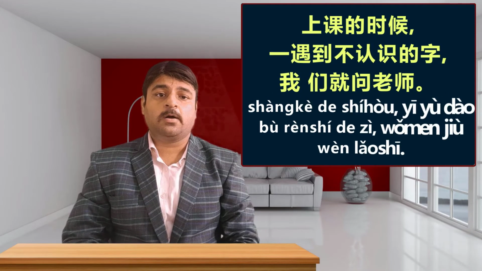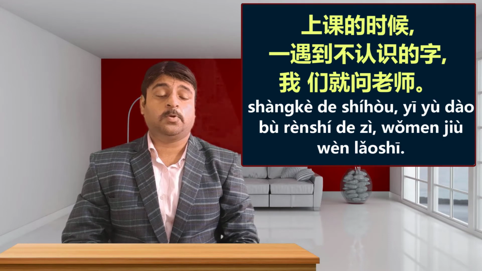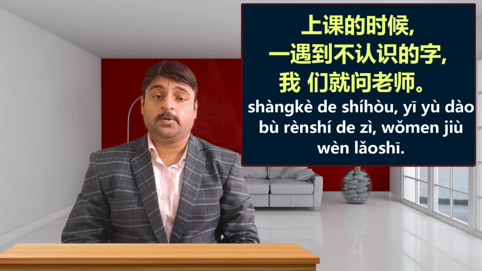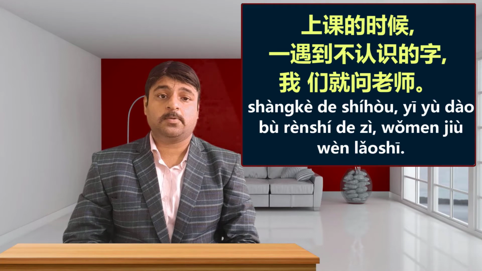Knowing how to look up the dictionary. 上课的时候, at the time of class. 一遇到, once we meet, 不认识, which we don't know, the 生词 new words. During the time of class when we meet a new word which we don't know, 我们去问老师, we then ask teacher.